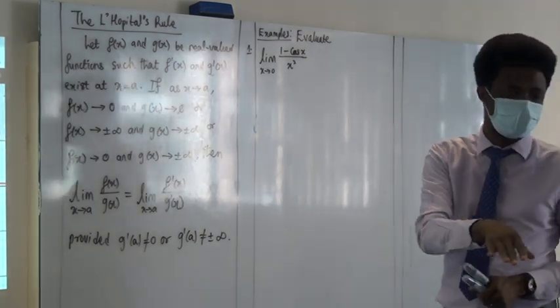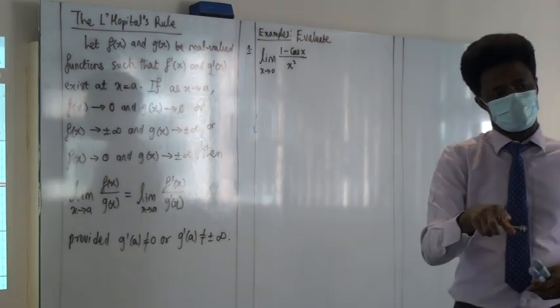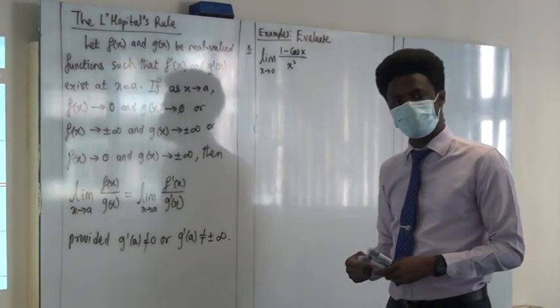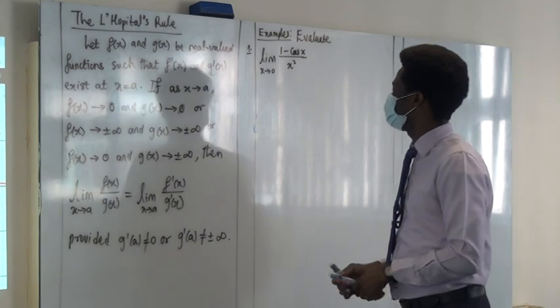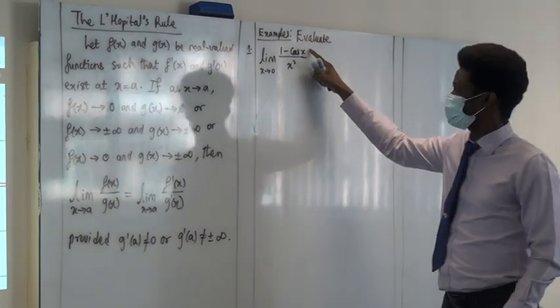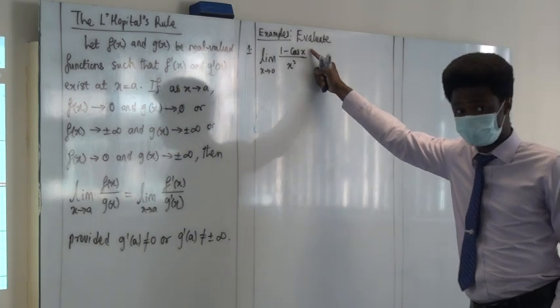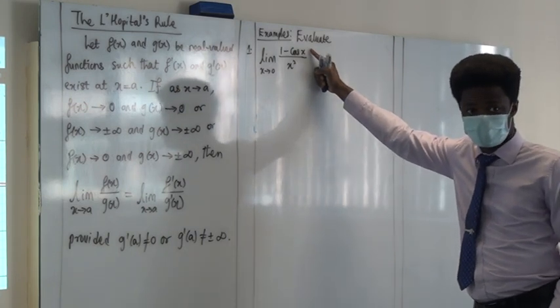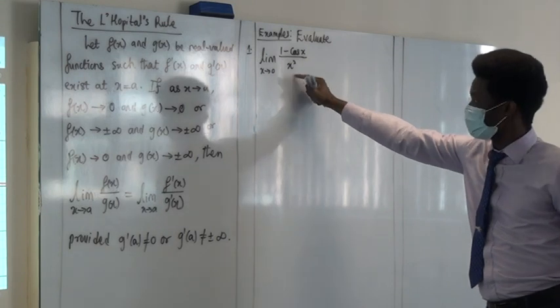An example is in your book, but I will do the reverse of that so that you have 2 ways to look at it. Quickly, if you look at this one, if we put x is equal to 0, cos x is cos 0, which is 1. So at the top you have 0. 0 squared is 0.